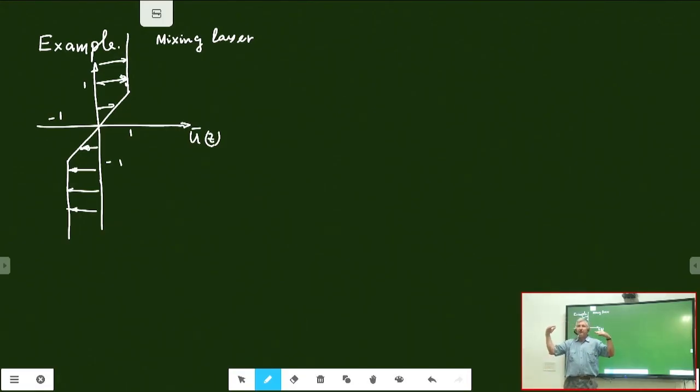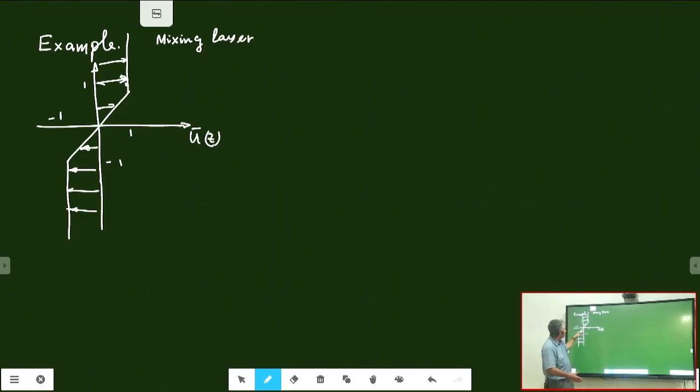So you have two jets. One goes from left to right, the other one goes from right to left. And at the border, they somehow transition. So this is a jet, or wind, which blows from right to left. Here it blows from left to right, and somehow in the middle the two jets mix.